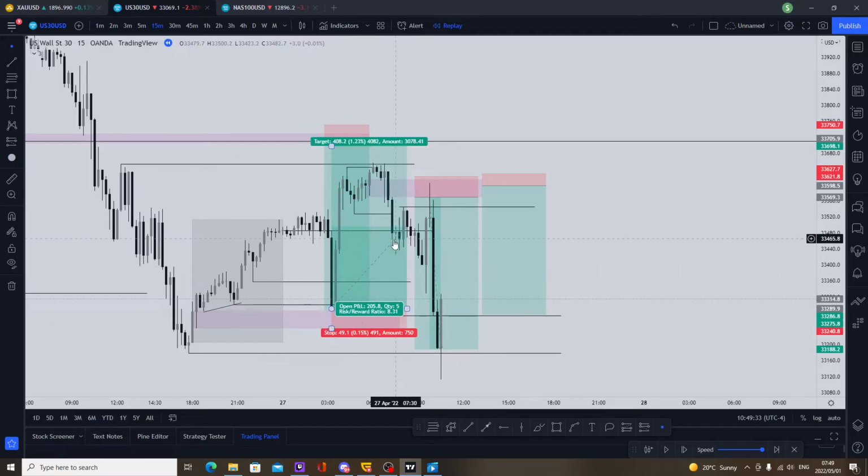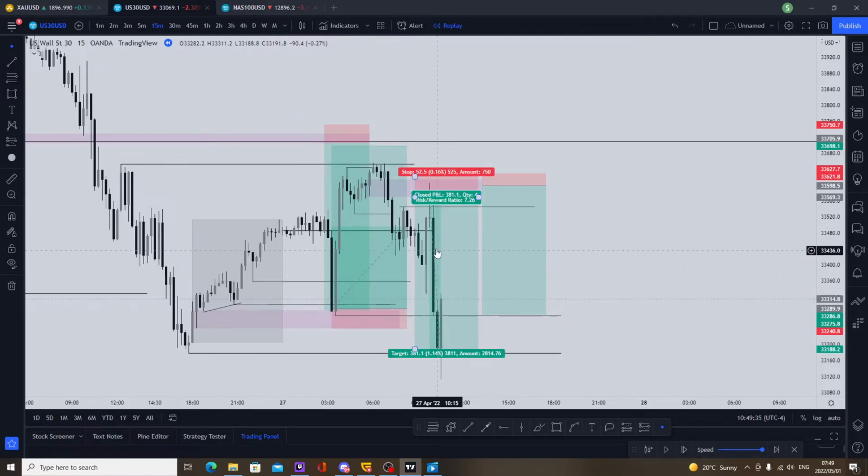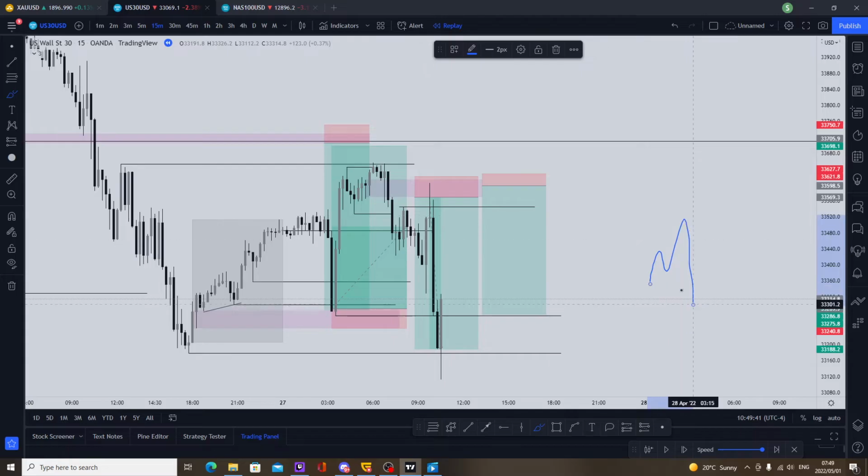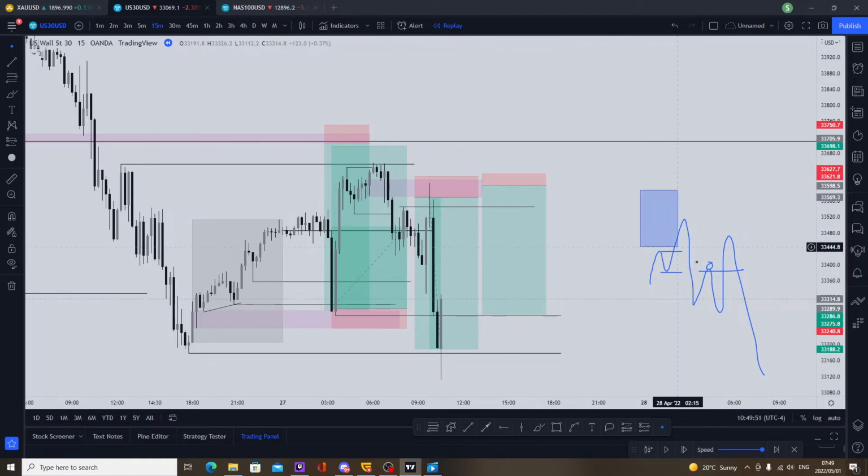You see why I did not take a buy from here, because I was expecting a sell. I see this pattern, the one we look for every single day: liquidity taken, I target this low, and my entry is going to be here. This is what I'm targeting. And if market did not give me this one here, I wouldn't take my trade from there.